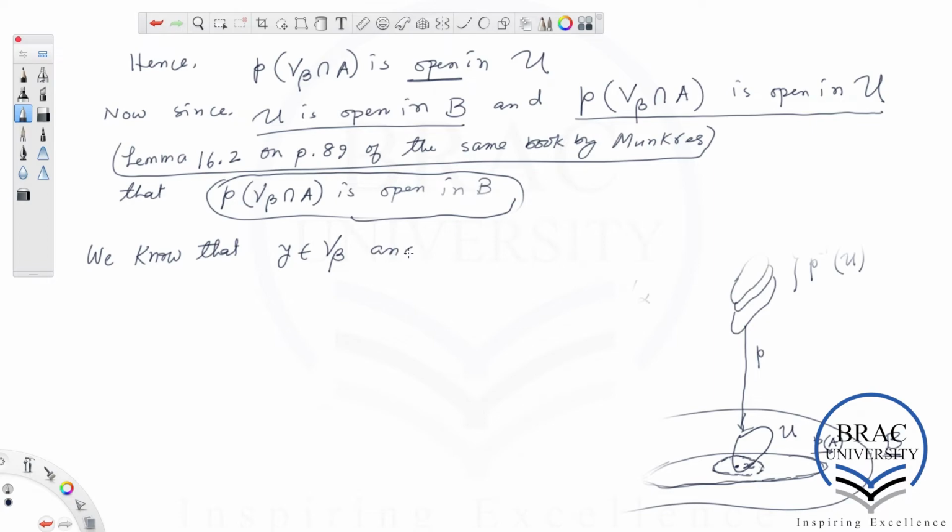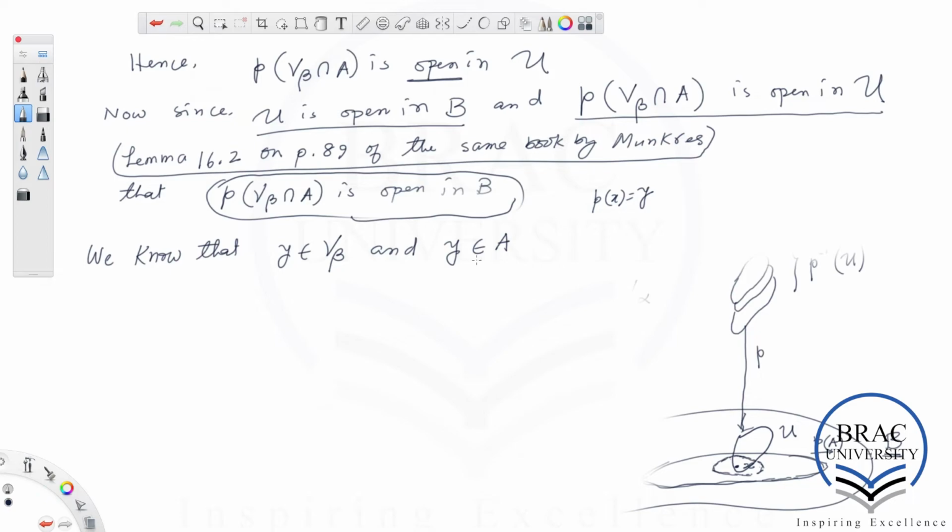And Y is also in A. Remember that we showed the existence of such an element Y in A such that Px is equal to Y, right?